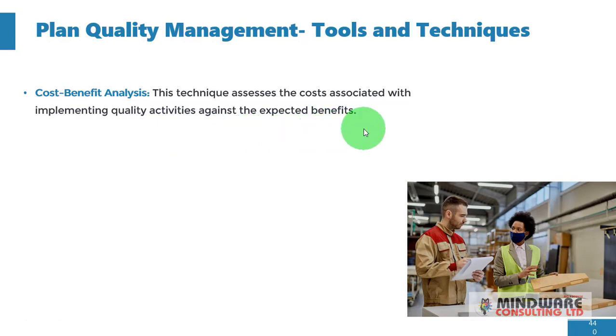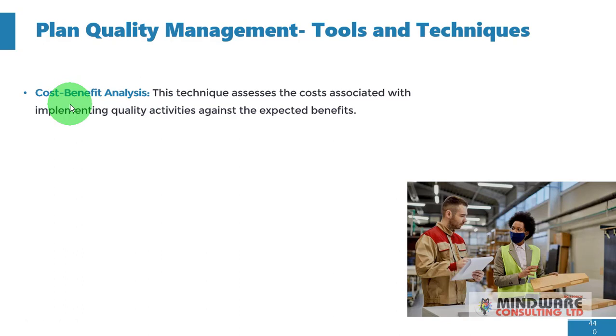Just like I mentioned earlier, when we're talking about the costs related to quality, you have to assess those costs, and this is very important. You then equate them with the benefits of that particular activity, and how it's going to give the expected outcome. So that's where this technique comes in, cost benefit analysis.